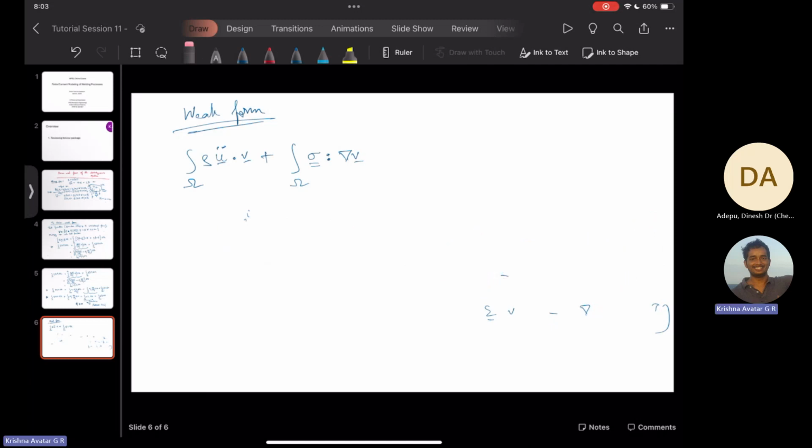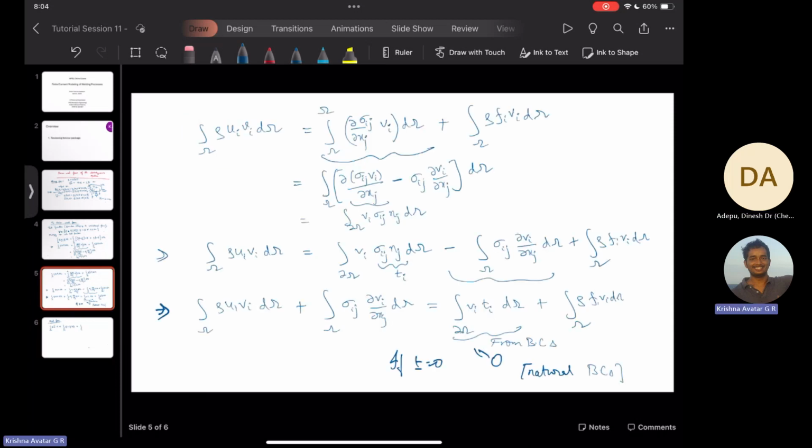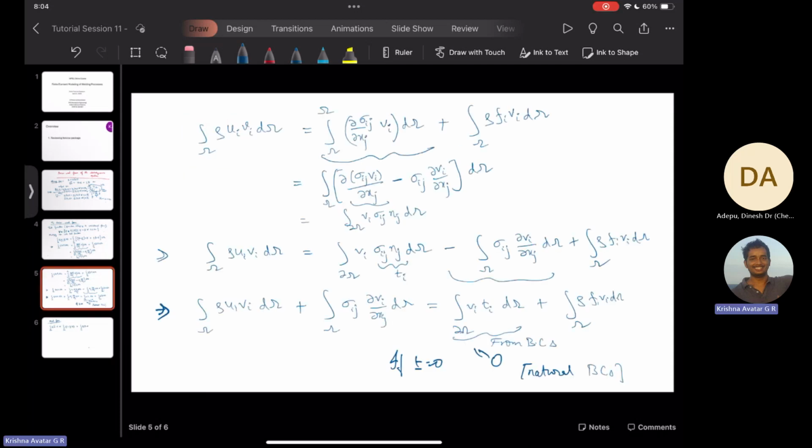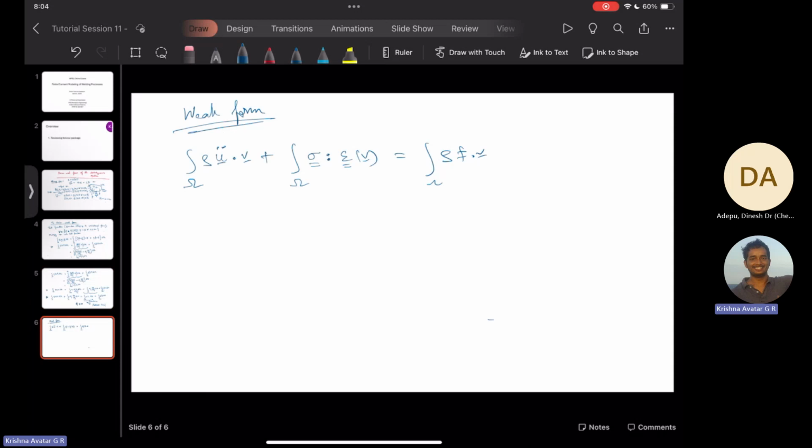So we can write this to be epsilon of v vector, and is equal to, and likewise we can write this to be rho f vector dot v vector from here, f vector dot v vector, plus the boundary term, which is t vector dot v vector.